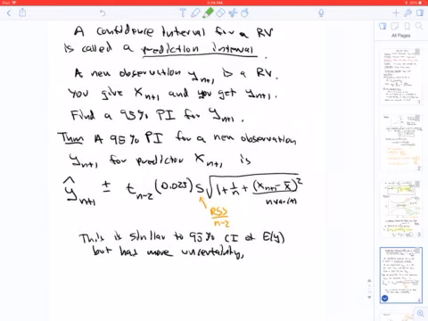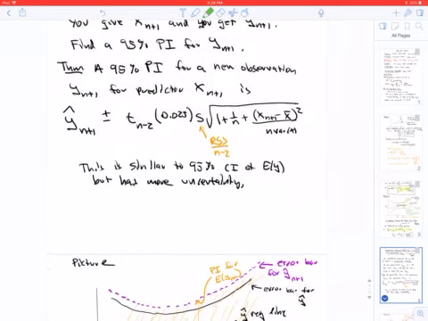So we're going to find a 95% PI for y n plus 1, and so this theorem here tells you what it is, and notice that it looks exactly like what we just saw for E of y, what we were just talking about, except that we have this extra 1 here in our standard error.